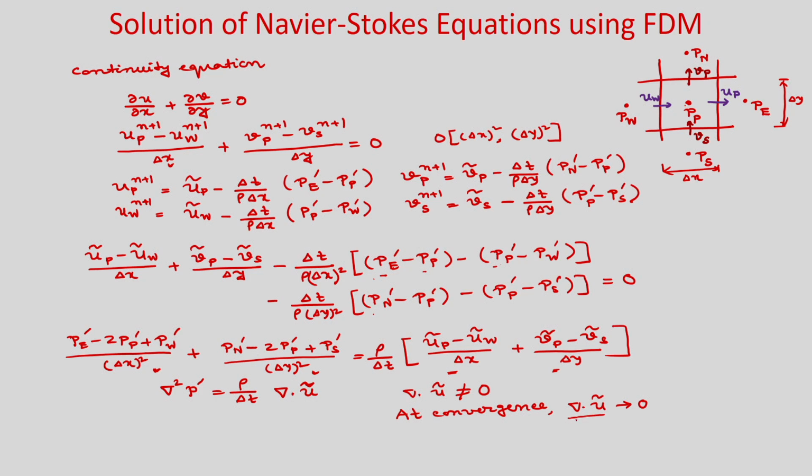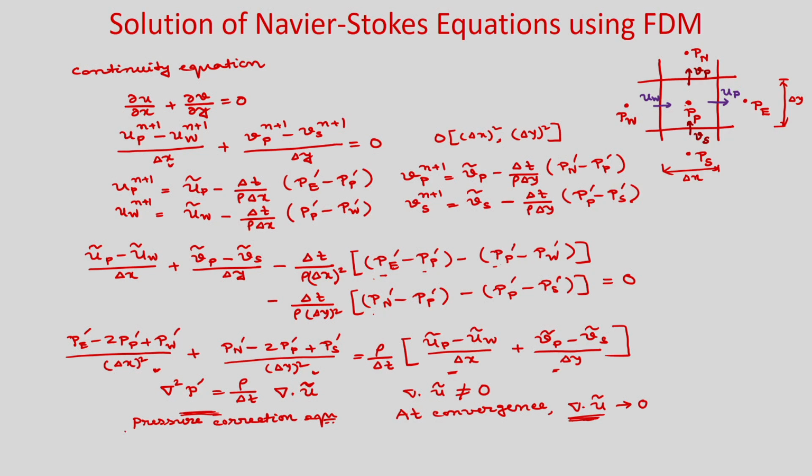So, this will satisfy the continuity equation. This is the equation for the pressure. It is known as the pressure correction equation, and this is your pressure Poisson equation.